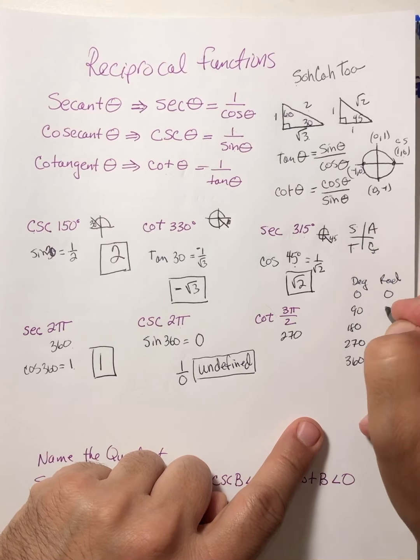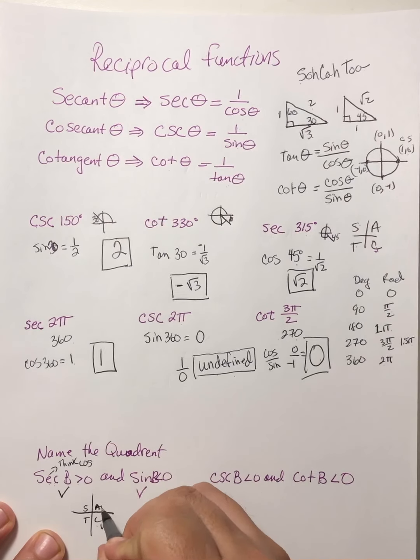So here's my ASTC. So secant is greater than 0. Remember, you're thinking cosine. Okay? Think cosine. So that means we're looking for positive. Remember, we're checking marks the positives. So check and check.